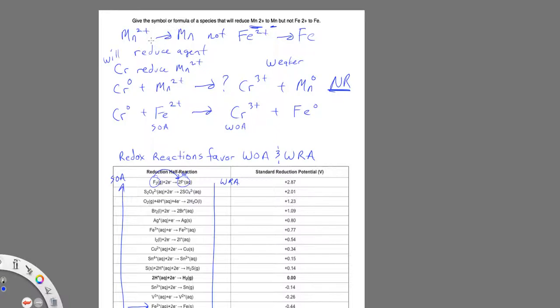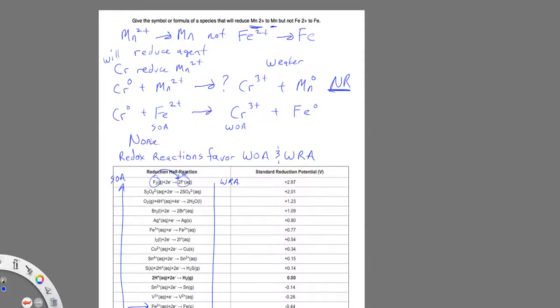It's wanting something that will reduce Mn2+ to Mn0, that's the manganese ion, and would not reduce iron 2 to iron. Well, in this case, there is none.